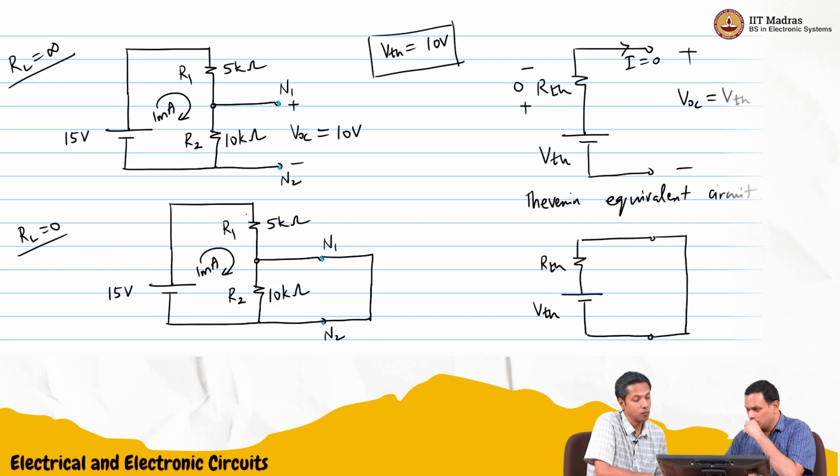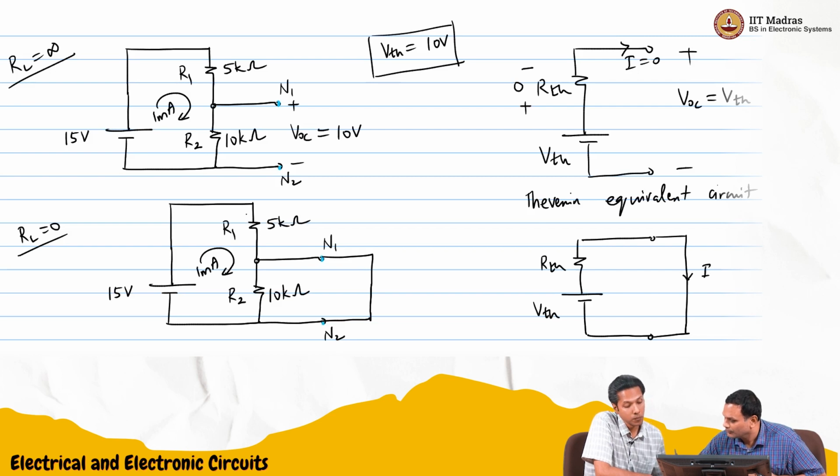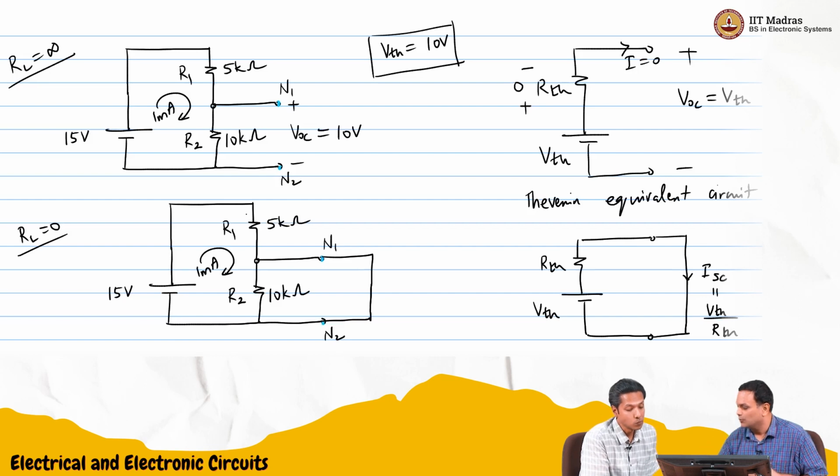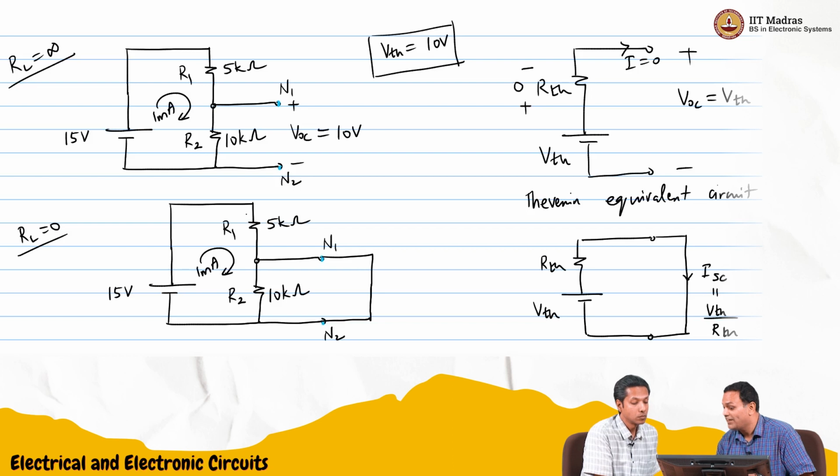If you do a short circuit, it makes sense to find the current, because voltage is clearly 0. The only thing you can find is the current. I will call this the short circuit current, and it is clear that that is VTH by RTH. VTH we already know, so what we need to find out is RTH.